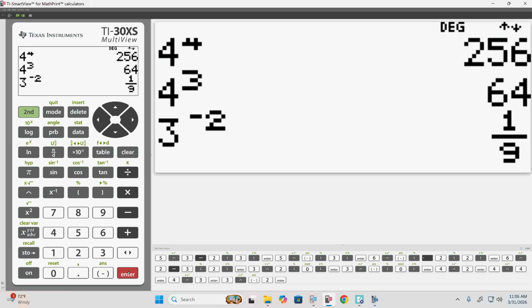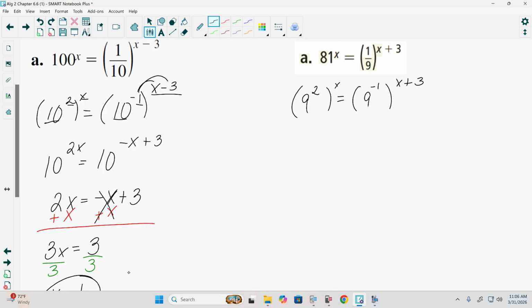So it would give us the exact same solution. The values in the exponents would have been a little bit bigger. So on the left-hand side, our 9 squared to the x would be 9 to the 2x. On the right-hand side, we'd have 9 to the negative x minus 3.